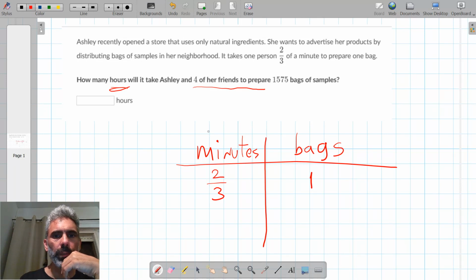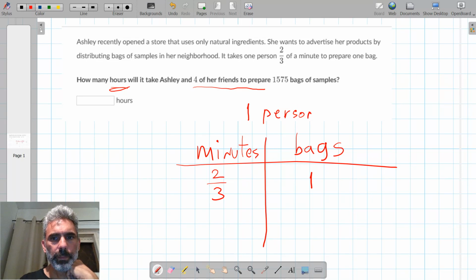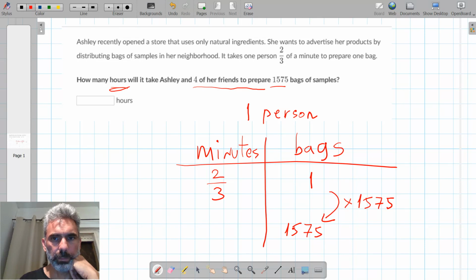Okay, so this table represents the amount of time it takes to prepare a bag for one person. Okay, we need to make 1,575 bags. So we need to multiply 1 times 1,575 to go from 1 to this number.